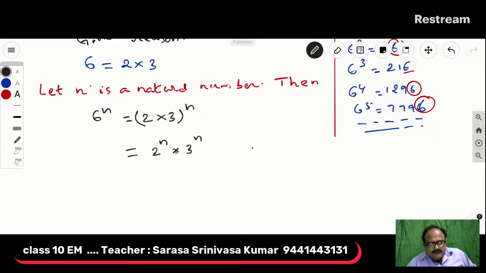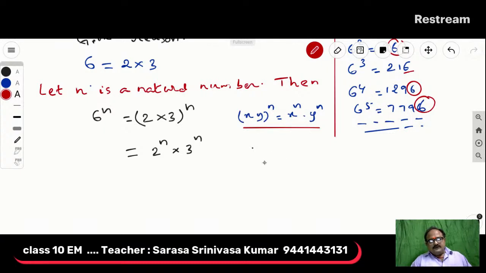Here we used the formula (xy) to the power of n equal to x to the power of n multiplied by y to the power of n. This is the formula we used.